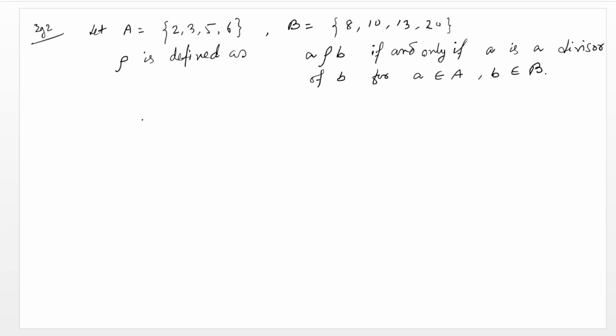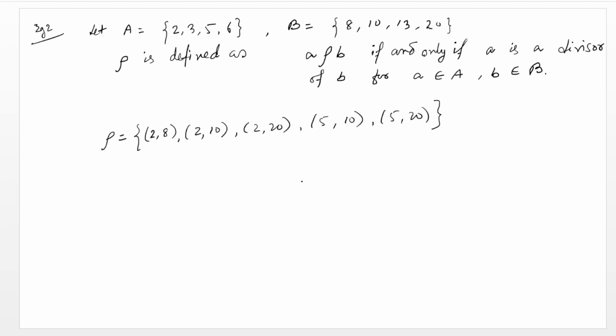So now what will be the relations? Rho will be like this: 2 is a divisor of 8, so there will be a relation (2, 8). Similarly (2, 10), (2, 20), (5, 10) and (5, 20).